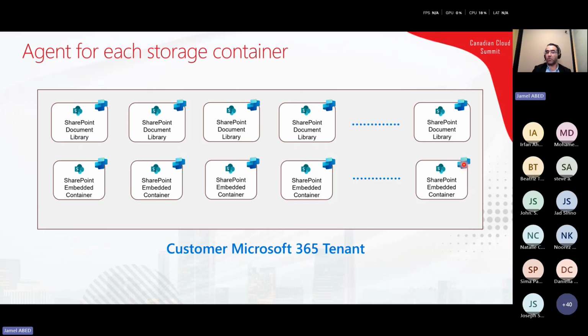So we decided to have an agent. We start with Copilot Studio because it's an easy way to create an agent, and you can publish this agent in your Teams channel or on another website. We decided to have an agent for each container, and this way you can separate the data.